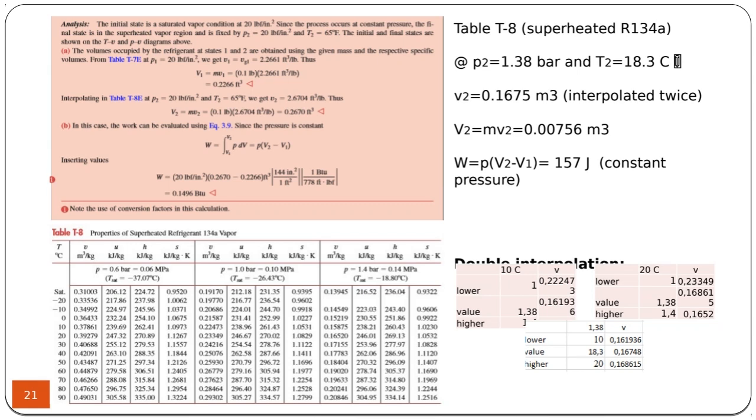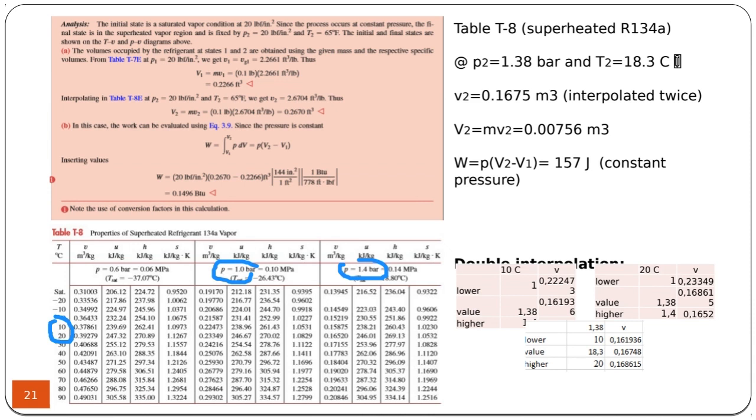So instead of 18.3 Celsius, you have 10 and 20. And instead of 1.38 bars, you have 1 bar and 1.4 bar. It means that you may need to use interpolation twice.